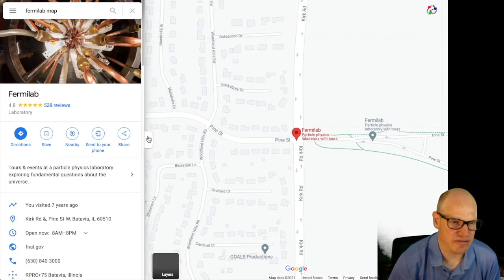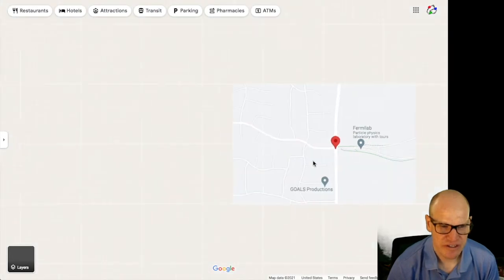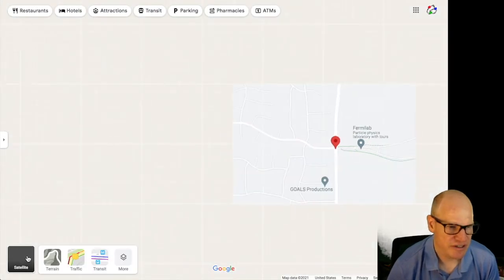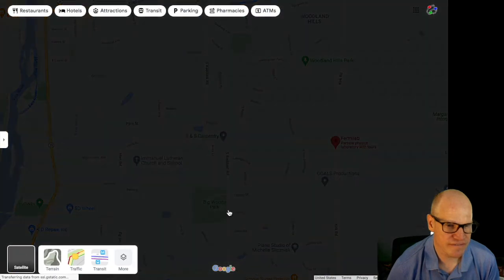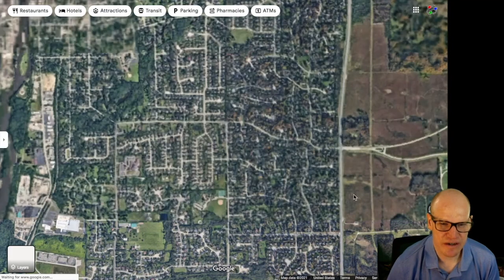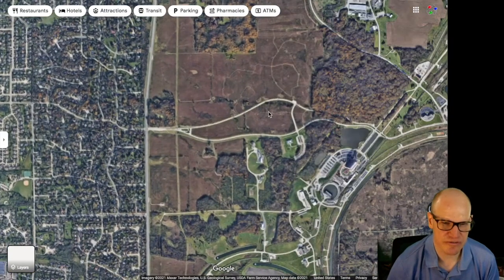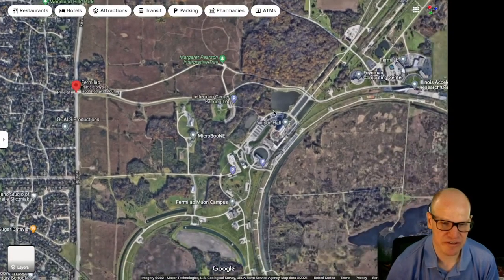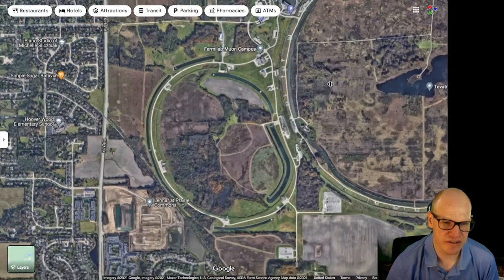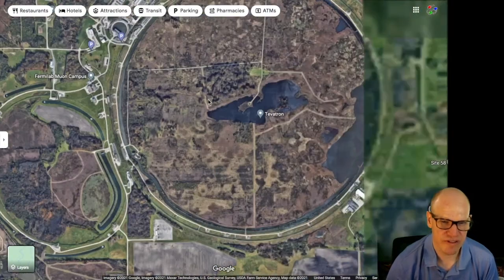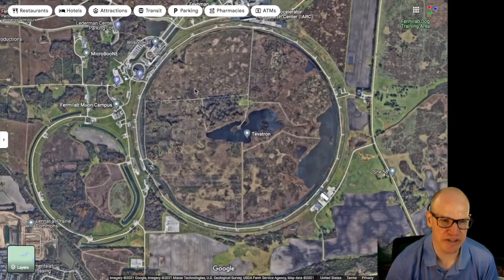Wow, this is taking forever to load, but it's okay. Here's the Fermilab entrance, the main entrance. You come onto the Fermilab campus, and here is the main office building. This thing right here is called the main injector. This is the main ring, and then this is the main injector.